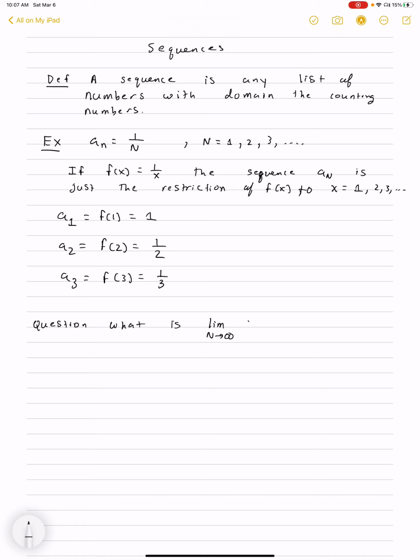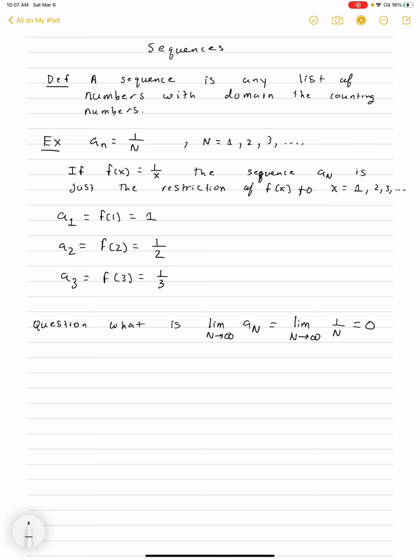Well, this is just the limit as n goes to infinity of 1 over n. We calculate this limit in exactly the same way that we would for the function. We think of this as being 1 over a very large number, and 1 over a very large number gets closer and closer to 0. So that's equal to 0.